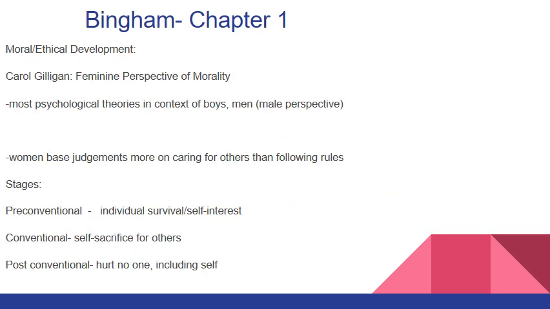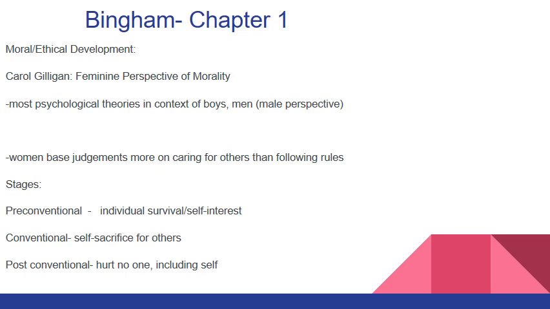Carol Gilligan provided a feminine perspective of morality and how children develop their sense of morality and right and wrong. She argued that most psychological theories and theories of moral and ethical development were based in the context of boys and men. They came from a male perspective.